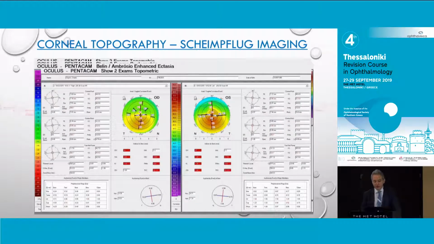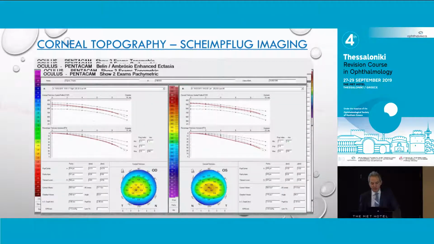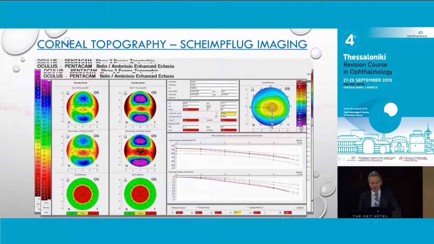There is a ton of metrics that help us to evaluate the posterior and anterior corneal surface, but the big advantage of the Scheimpflug imaging is, of course, the access to the posterior surface of the cornea. As I told you before, it's the major tool for diagnosing ectasia, keratoconus, ectatic disease. And you can see here the displacement of the thinnest point compared to the apex of the cornea, and anterior and posterior back elevation in keratoconus.